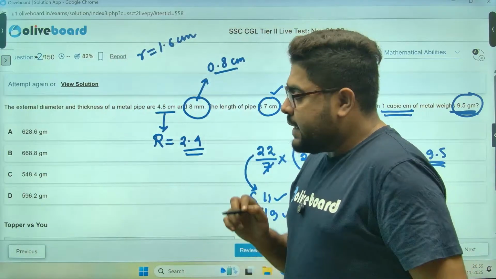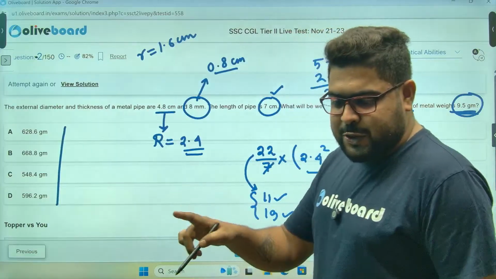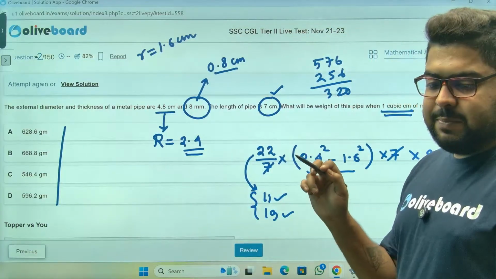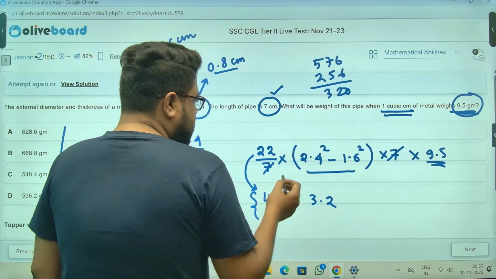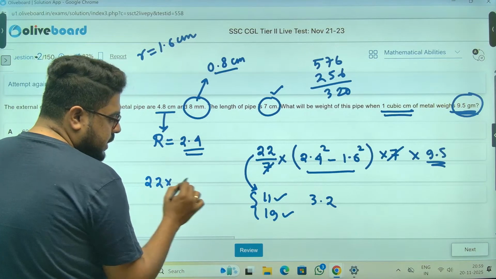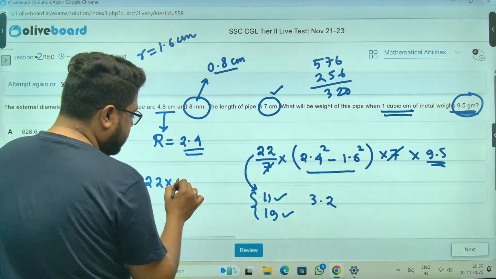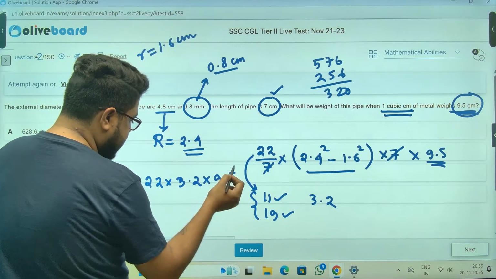I saw the unit digits are different, so let us use the unit digit concept. So I can write 22 into 3.2 into 9.5.